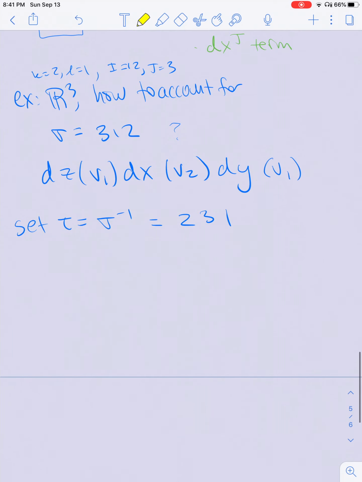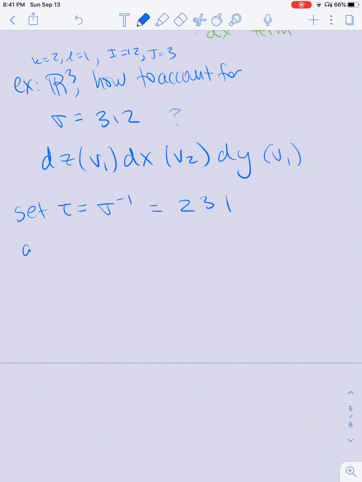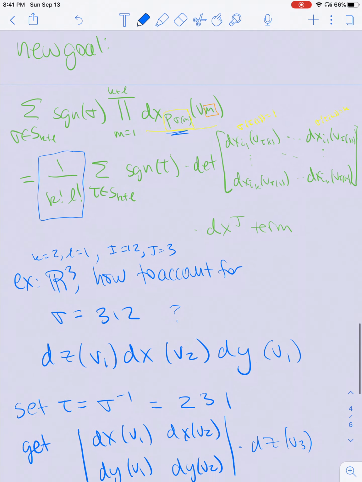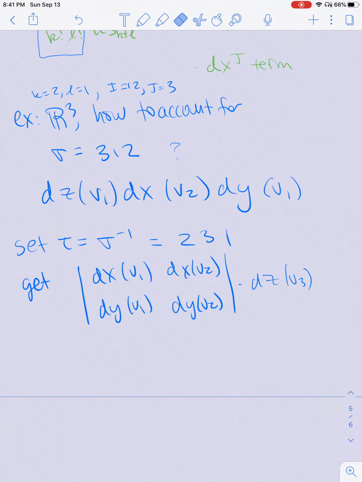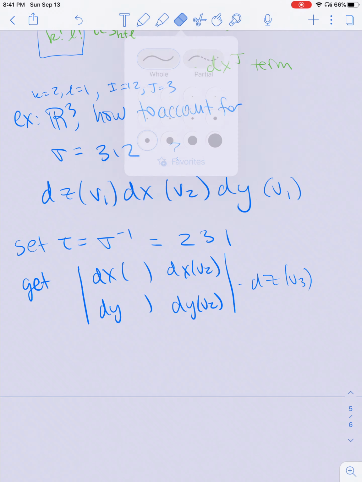So if I set these equal to each other, then I get on the right-hand side the determinant dx applied to v1, dy applied to v1, dx applied to v2, dy applied to v2, and then I have to multiply it by the same term for, oh, sorry, these are all wrong, right? These subscripts are all wrong.